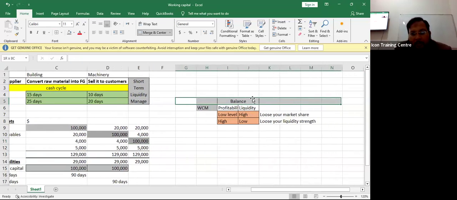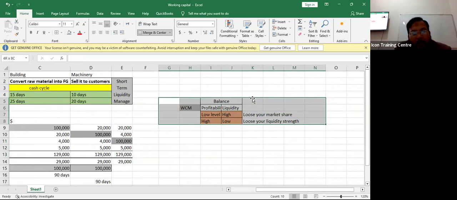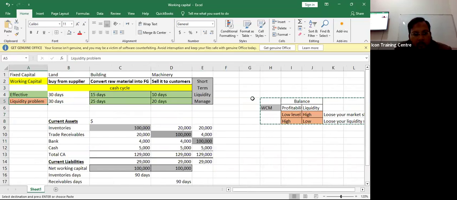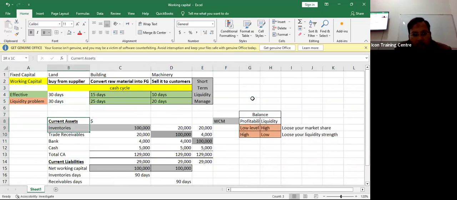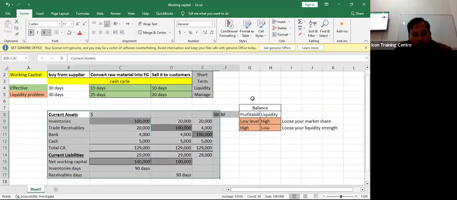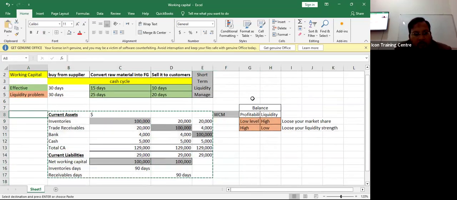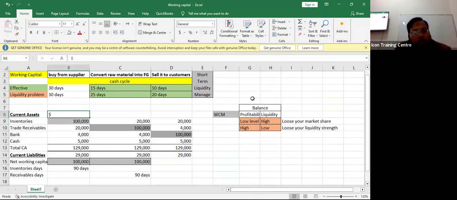So again, the problem is to create a very good balance between current assets and current liabilities. So the firm foregoes the potential higher returns from investing. Yeah, this is the point. Now you are not investing somewhere, that is why you are foregoing the returns.